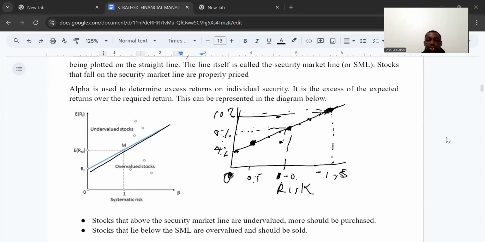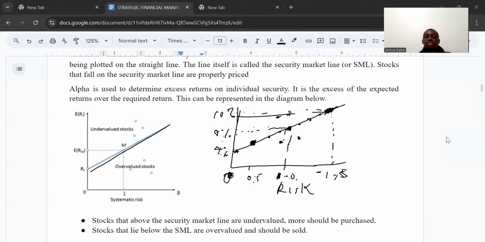So at 1.0, the return is supposed to be 10%, but if it falls below 10% or above 10% at this 1.0, it means that the security is not properly priced according to the asset pricing model.